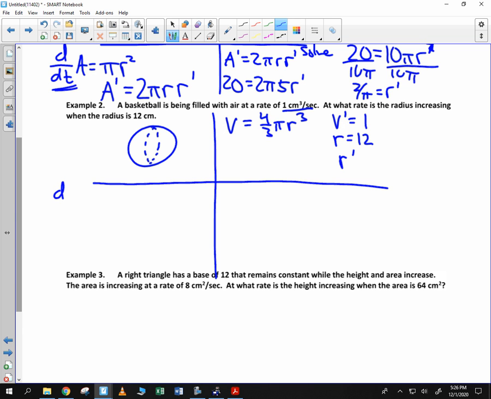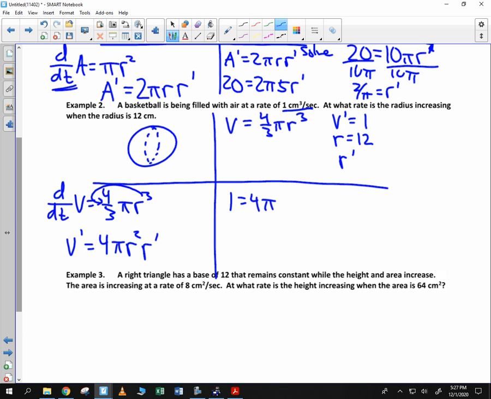So let's take the derivative with respect to time of V equals 4/3 pi r cubed. We get V prime is equal to, we drop the 3 in front, 4 pi r squared r prime. If we plug in 1 for V prime, we get 1 equals 4 pi times r squared.